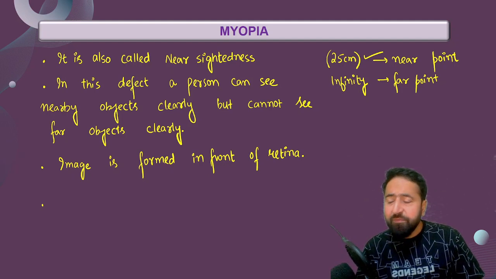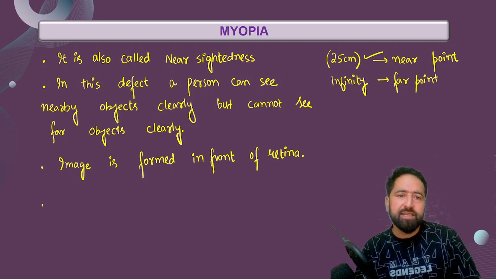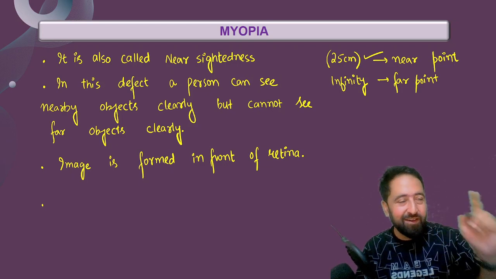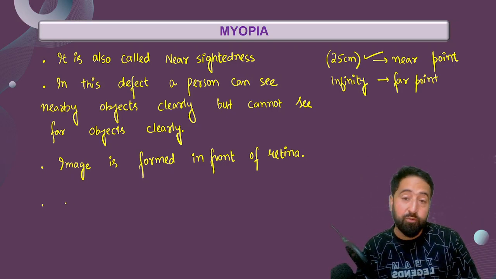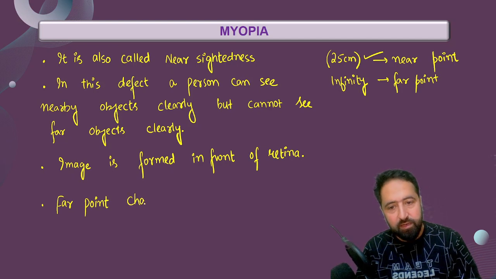ओके, उसका मतलब क्या है? इट सिंपली मीन्स दैट the near point does not change, it remains as 25 centimeters. Okay, because you can see nearby objects clearly, but you cannot see far objects clearly. So that means the far point changes here. Okay, so the point number 4 here is far point change.